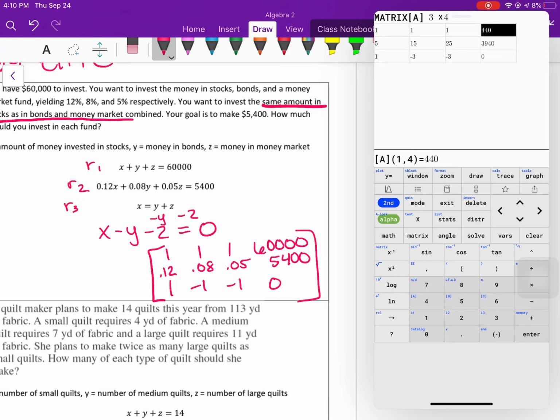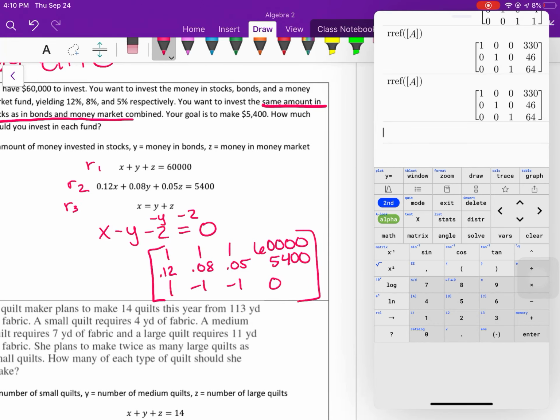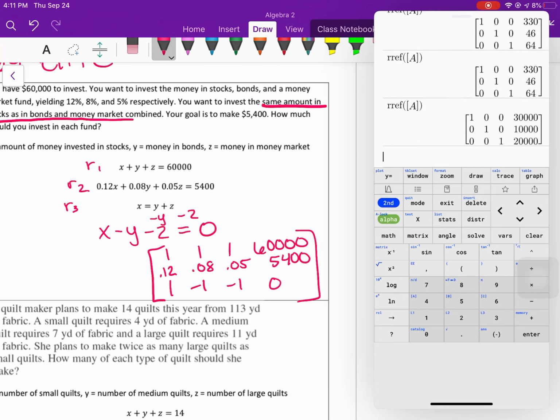So 1, 1, 1, 60,000, and then 0.12, 0.08, 0.05, and 5,400, and 1, negative 1, negative 1, and 0. Then exit. You can go back up here and copy it down and then hit enter.